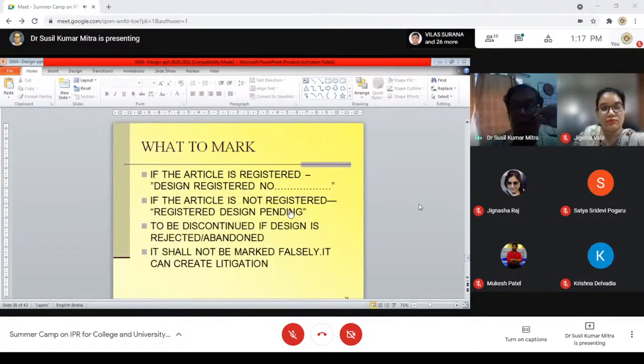So what to mark? You have to mark the registration number, but it should be discontinued when your design is rejected or abandoned. And also, you should not mark your product with any false design number, because it will be a punishable offense in the eye of law also.